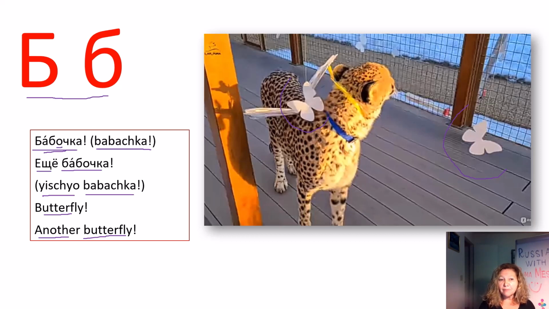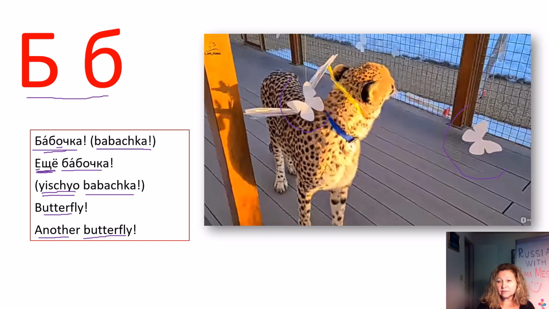Бабочка. But you have to write it with O because that's how it is written. And then the word еще, more, one more, another. Еще, 3 Russian letters. Look how many letters it took me to transcribe this word for you. That's because that letter is very complicated in pronunciation.